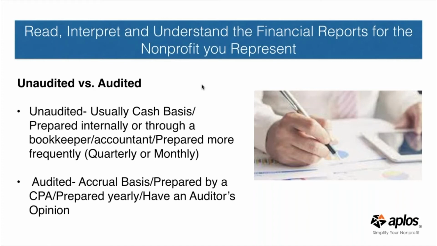Some organizations are required to do this annually. For others, it's more of a suggestion. We call it Pirates rules: not a rule, but more of a suggestion, if you get that. They're prepared yearly and come with an auditor's opinion. An outside person comes in, looks at everything, and says, this looks good.